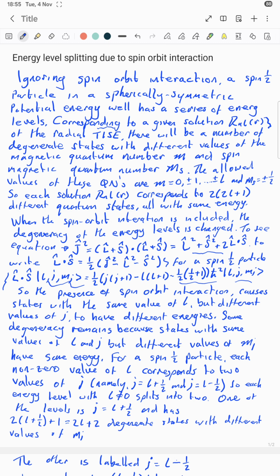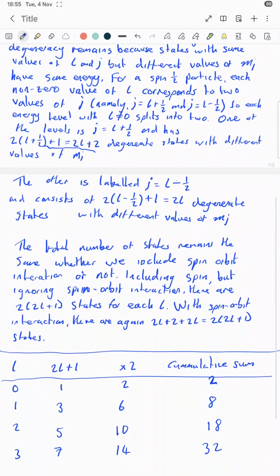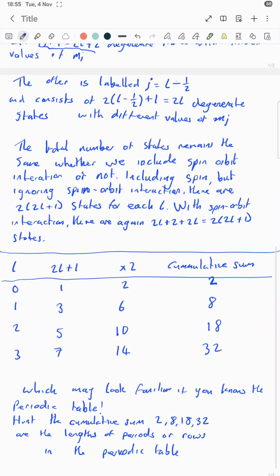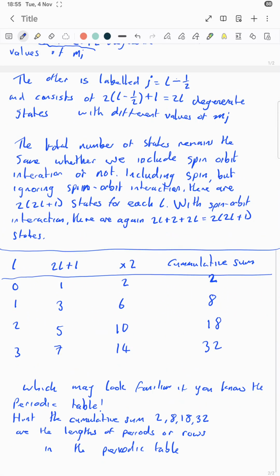One of the levels is J equals L plus 1/2, and has 2L plus 2 degenerate states with different values of MJ. The other is labelled J equals L minus 1/2 and consists of 2L degenerate states with different values of MJ.